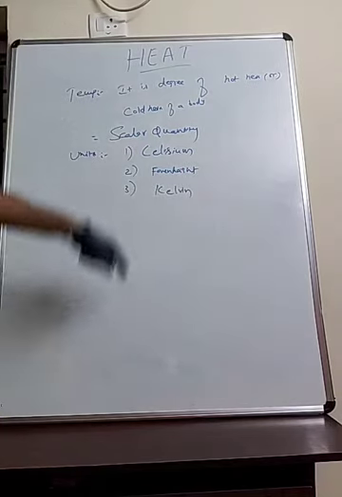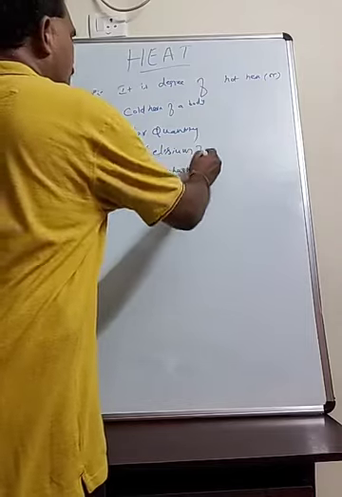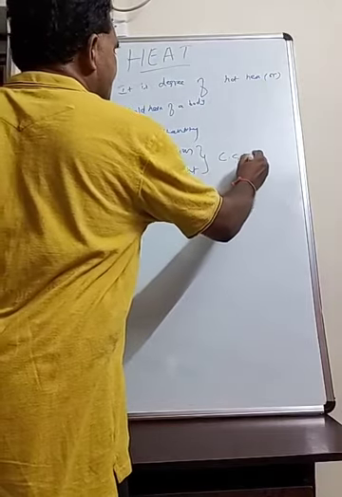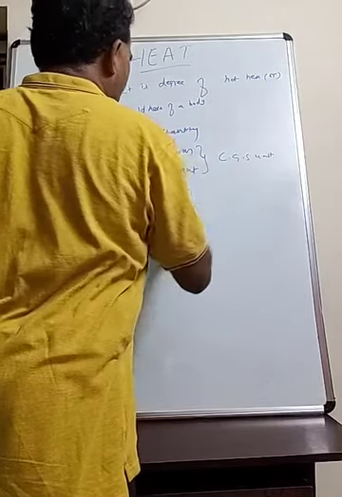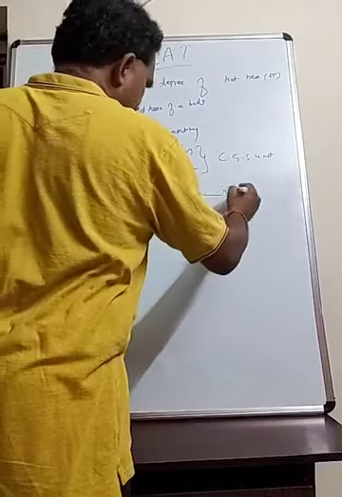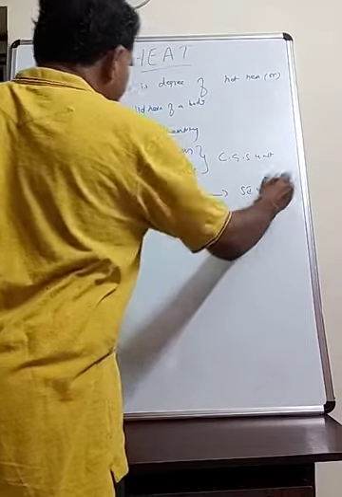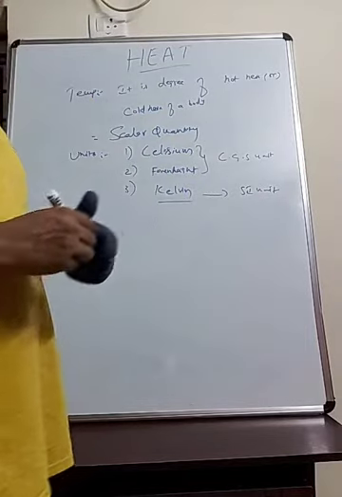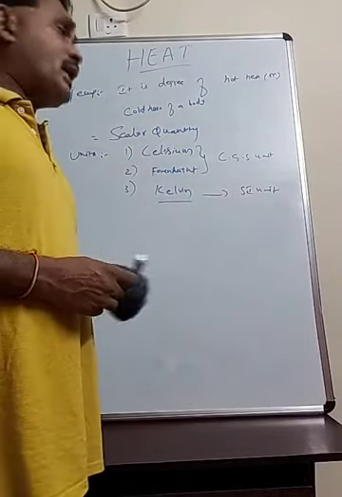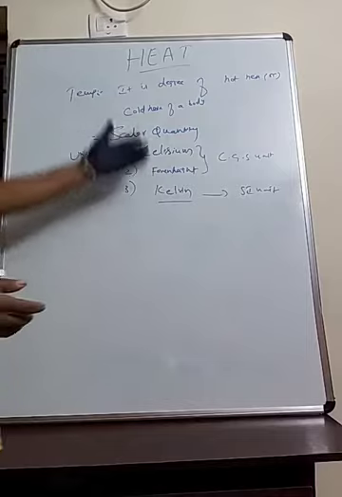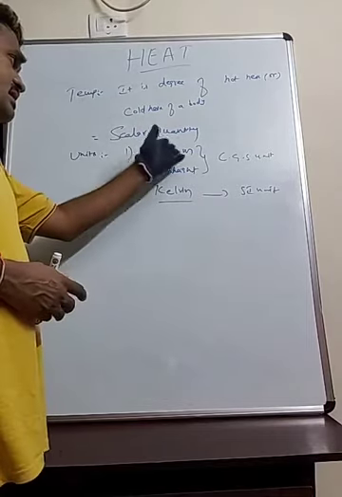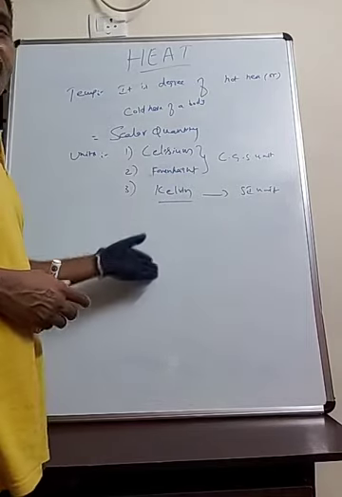Celsius and Fahrenheit are non-SI units, and Kelvin is the SI unit. So what is the SI unit of temperature? Kelvin.